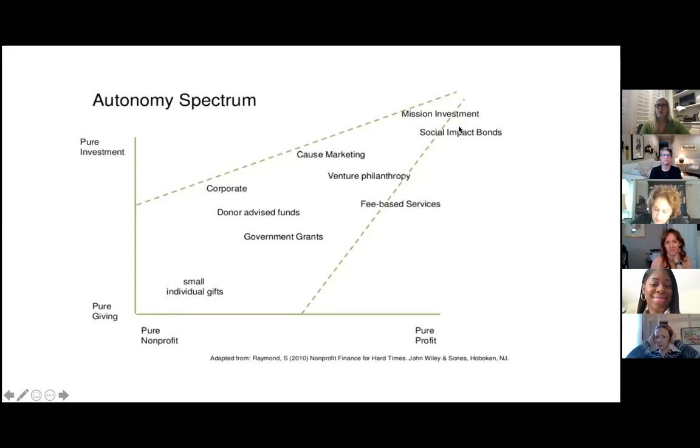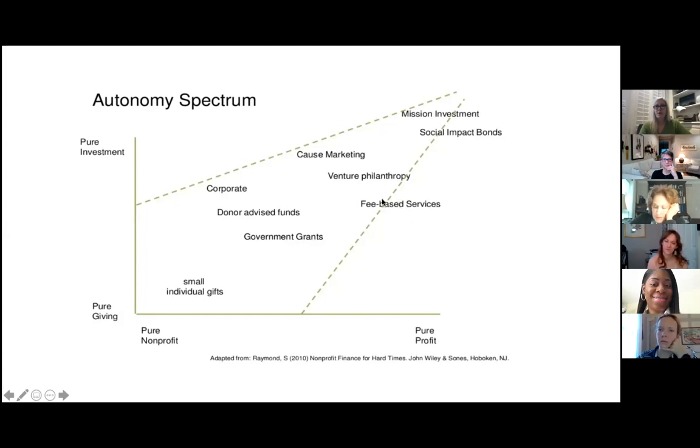And then as we move up the spectrum, I'm just going to pick something in the middle here, like a fee-based service, let's say a training course, where there are expectations to that, but any margin that is produced on this fee-based service can be used as a very flexible source of dollars, right?